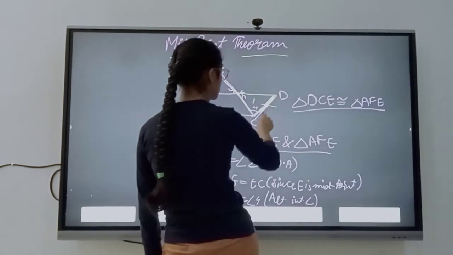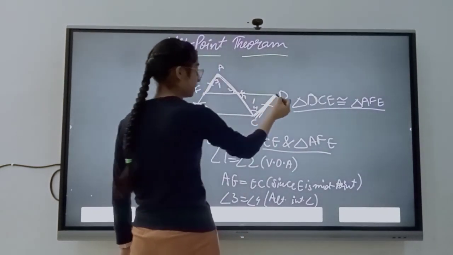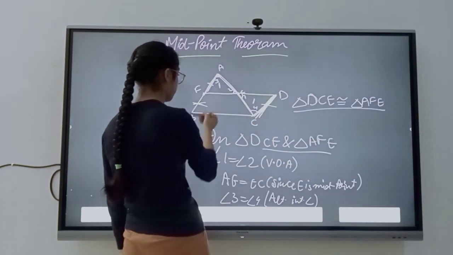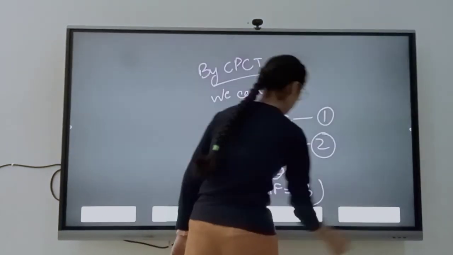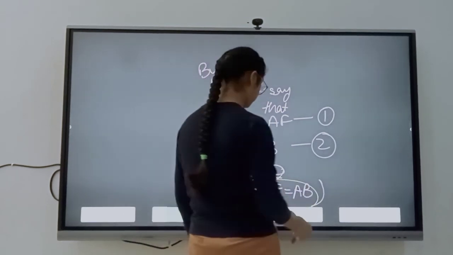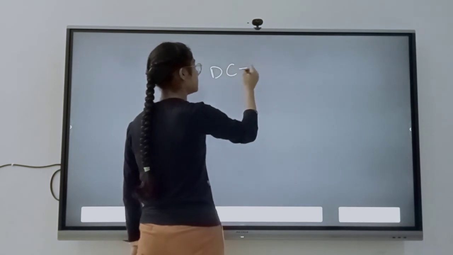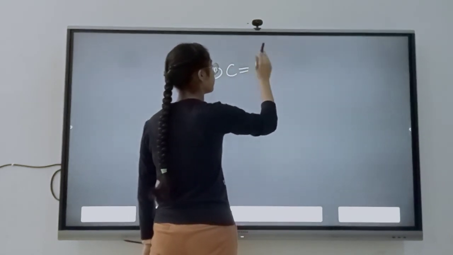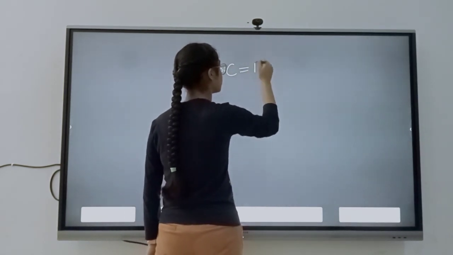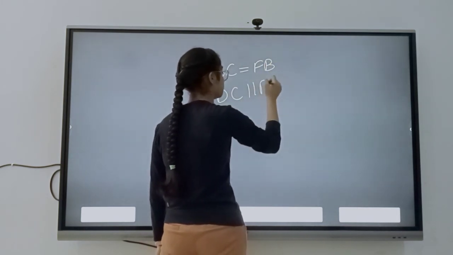So when we constructed this line over here, we already said that DC is parallel to FB, and now DC is also equal to FB. We can say that DC is equal to FB and DC is parallel to FB.